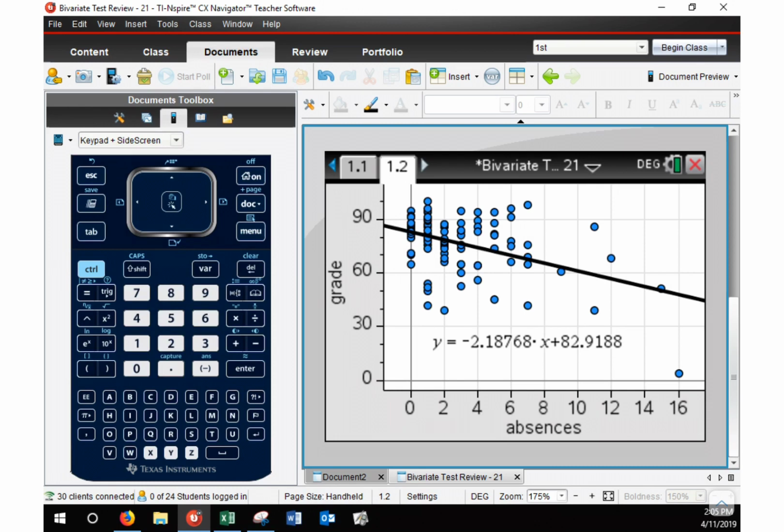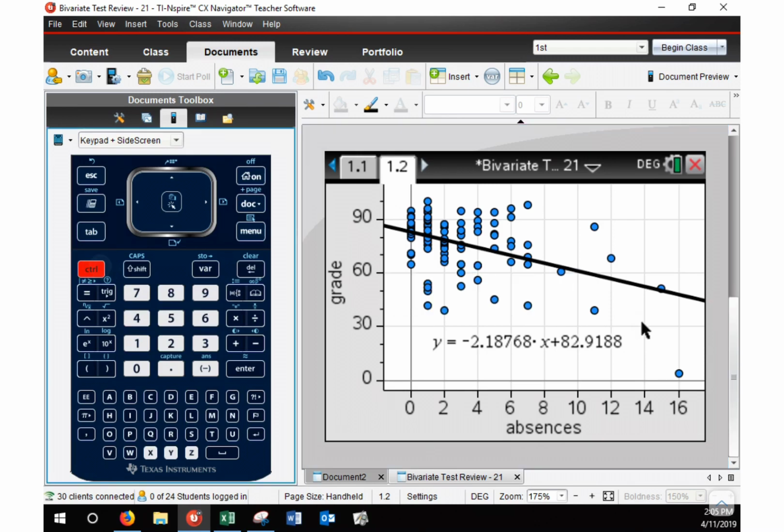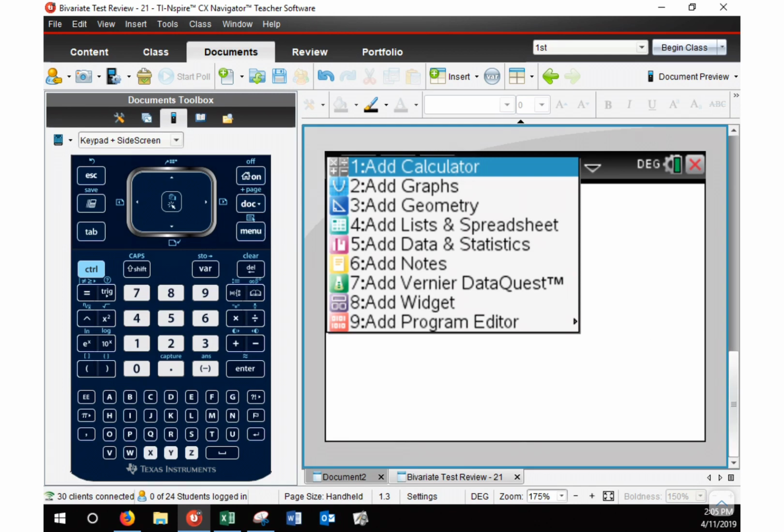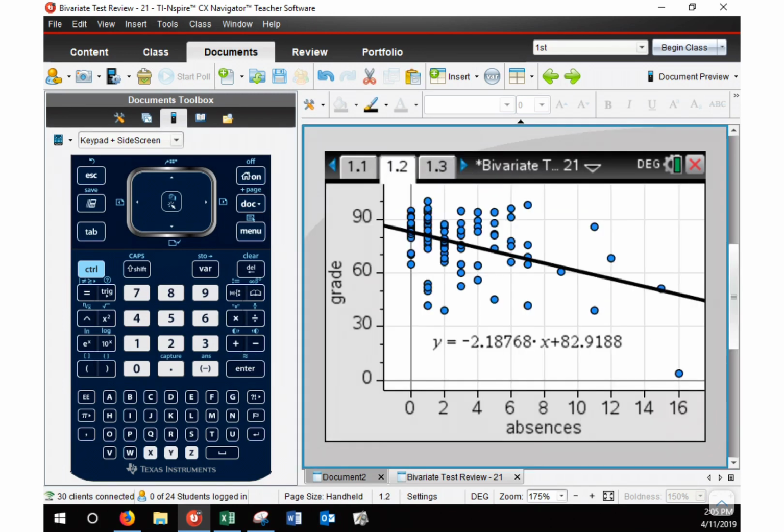Back to part A, what if I miss 10 days? Well, if I miss 10 days, it's right about there, right? That's going to be pretty close to 60. Okay, so I could use that to estimate, or I could add that in the calculator and use that line of best fit.